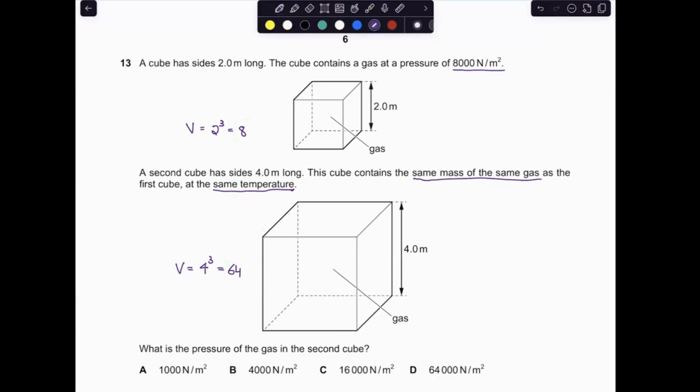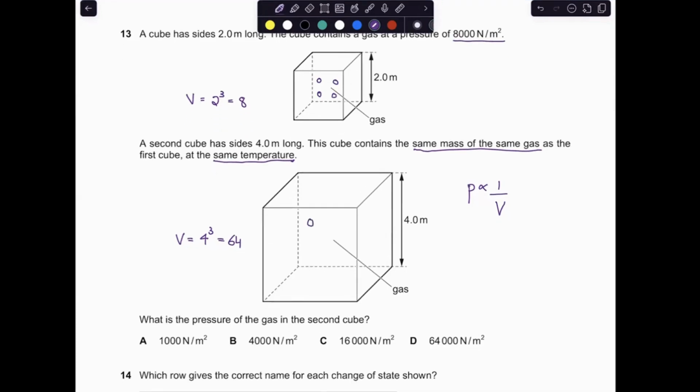What's the relationship between P and V? Directly proportional. So P is actually inversely proportional to the volume. And why is that? Because if you have a bigger volume, imagine you have some particles inside, let's say there are 4, they're going to bounce around and hit the walls of the container.